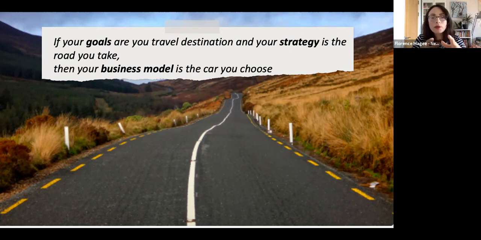The business model is set. You don't really change it midway through the strategy, through the road. It has certain characteristics, like a car. It might be very roomy, it might be very fast. It will be adapted to the road you take, or it won't be adapted. So thinking about it like this, and that you can tinker with the car as well, it's a good analogy to keep in mind.